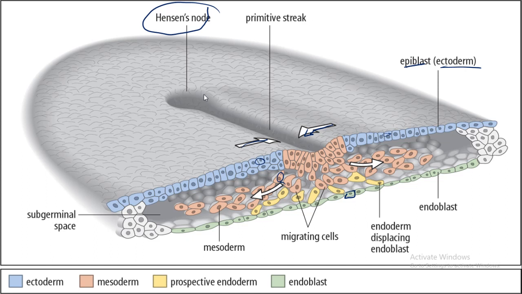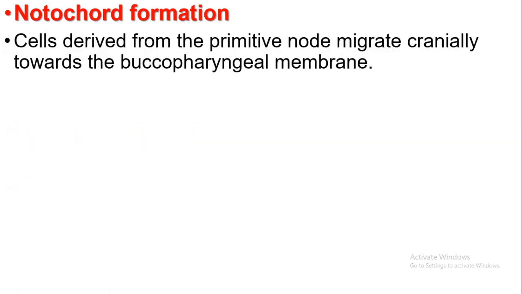The cells which are derived from the primitive node, we have the primitive node here, will start migrating cranially. As they migrate cranially, they are moving toward the prochordal plate or the prochordal membrane, which is also known as the what?